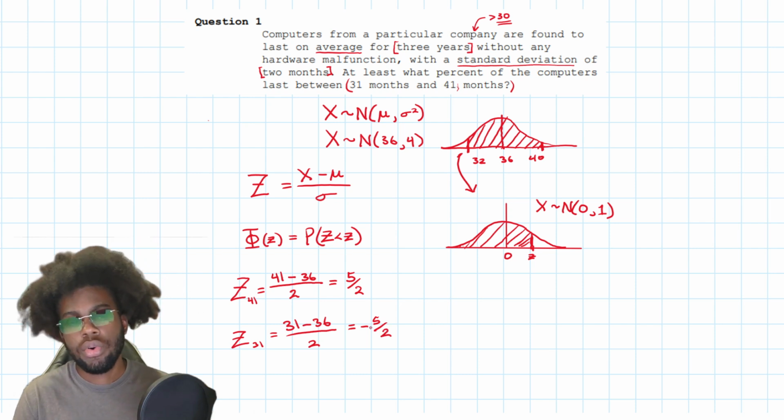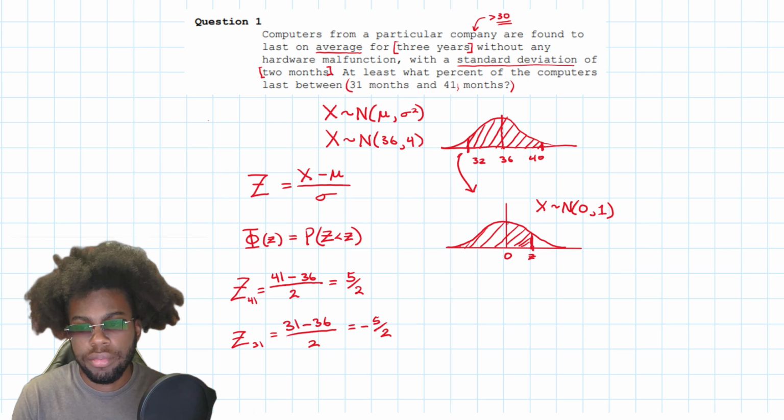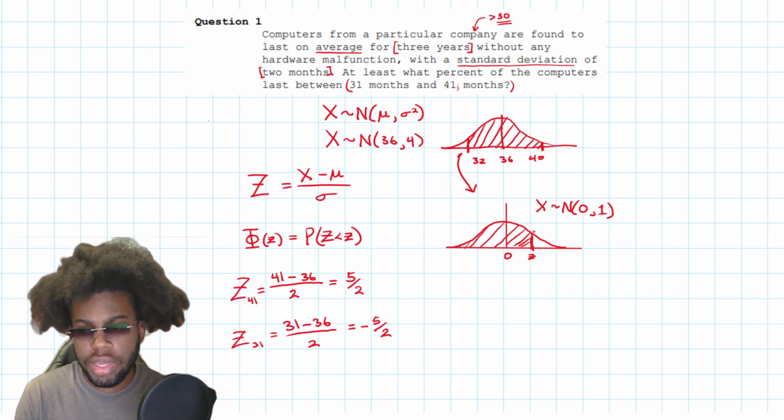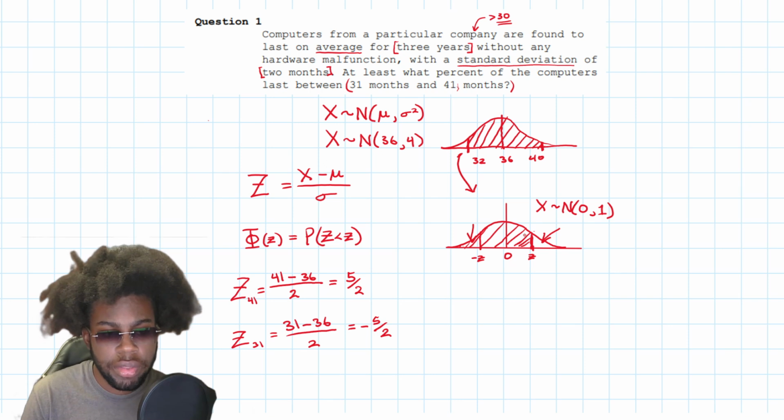Negatives are quite interesting in the normal distribution because it's symmetrical. So whatever we have over here, let's call this value z. If we have a negative z here, the areas here are both equal. So this makes it quite easy for us. And you'll see on the z table when I do bring it up that there actually are no negative values.